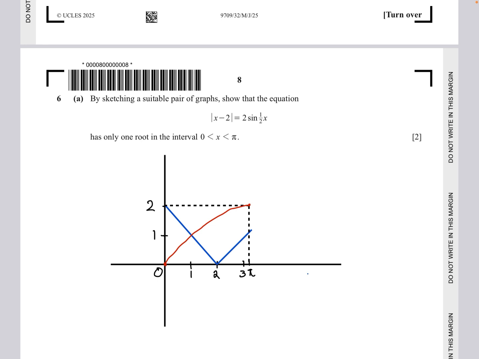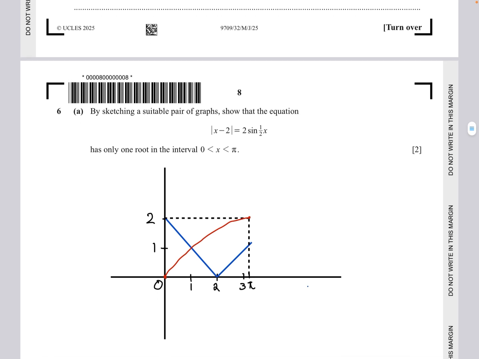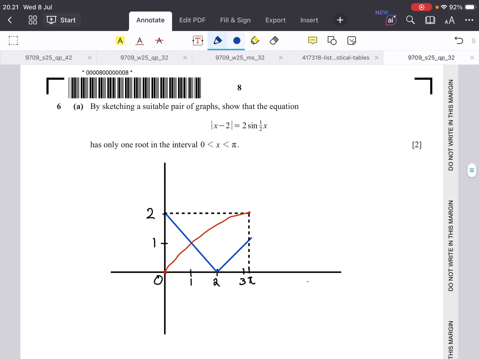So we need to sketch the graph of y equals absolute x minus 2. The blue graph is the graph of y equals absolute x minus 2, in which the critical point is when x minus 2 equals 0, or x is equal to 2.